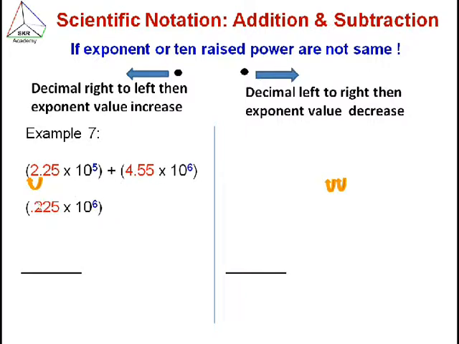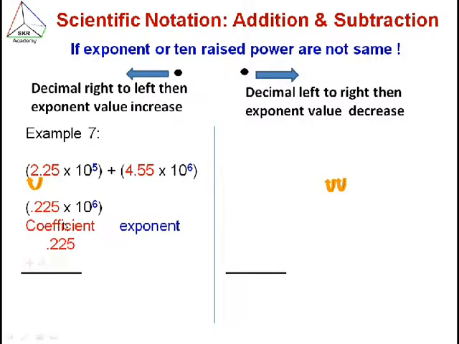Now the new value is 0.225 times 10 to the power 6, which we have to add to 4.55 times 10 to the power 6. Now we have a common exponent on both sides, so it's easy again.